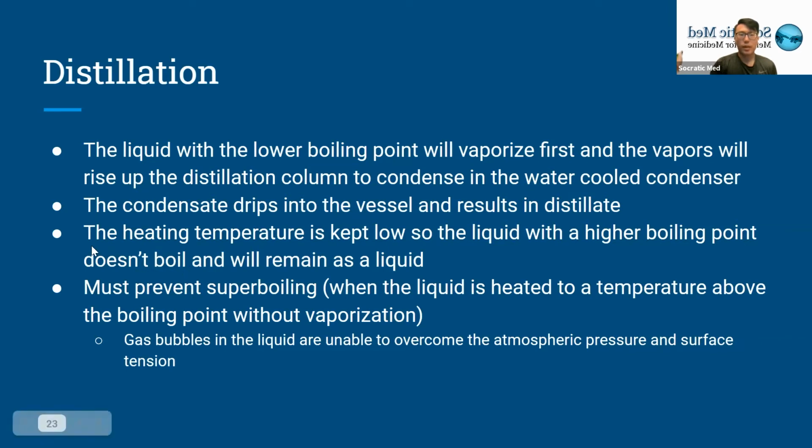The temperature is kept low because you want to monitor it, and you want to increase it slowly. The liquid with the higher boiling point, you want to ensure that it doesn't boil and remains a liquid, because if the temperature goes up too fast, both liquids will boil at the same time, and you won't be able to distinguish the difference between the two liquids. So as it's boiling, you'll collect the condensate, and the first condensate collected will be a distinct liquid.